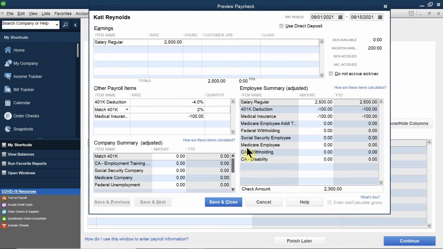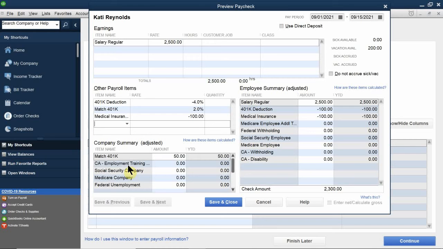As you can see right there, it says that I have $100 from the employee deduction, and then down below here I have the employer's responsible to pay 50. Okay.